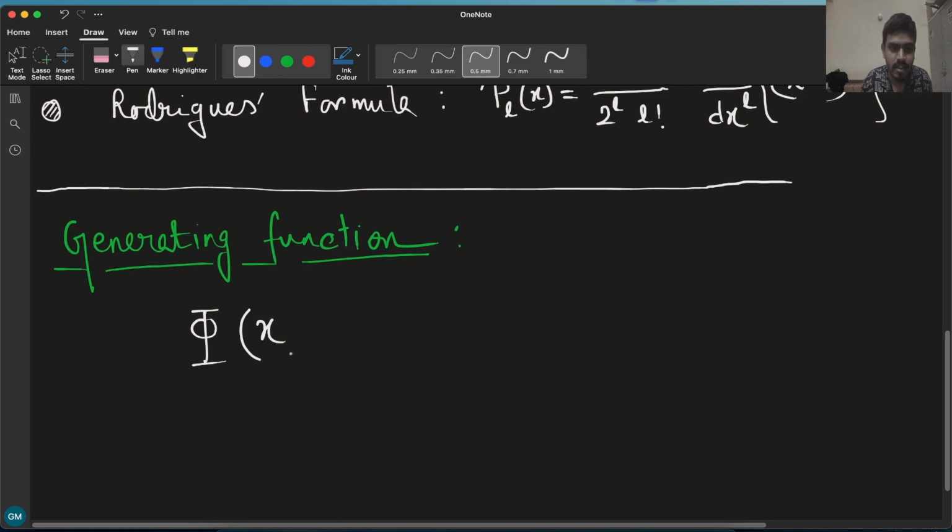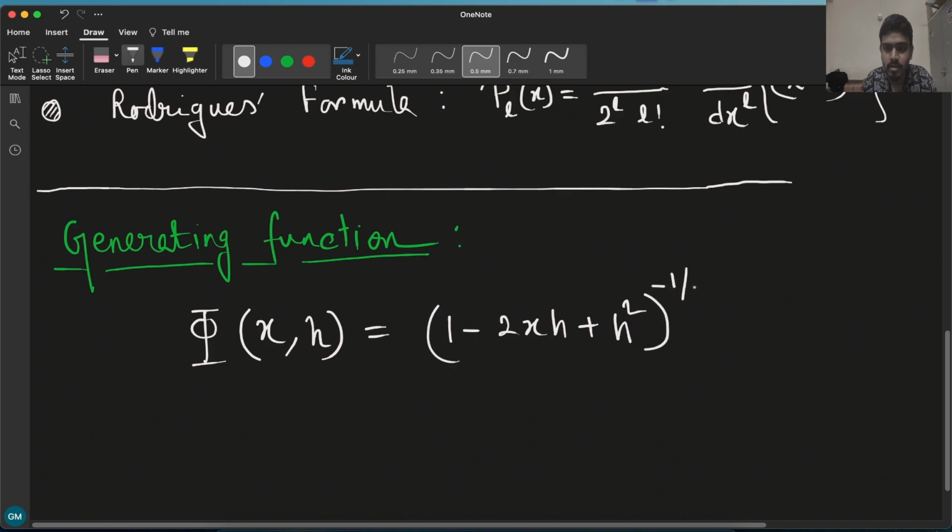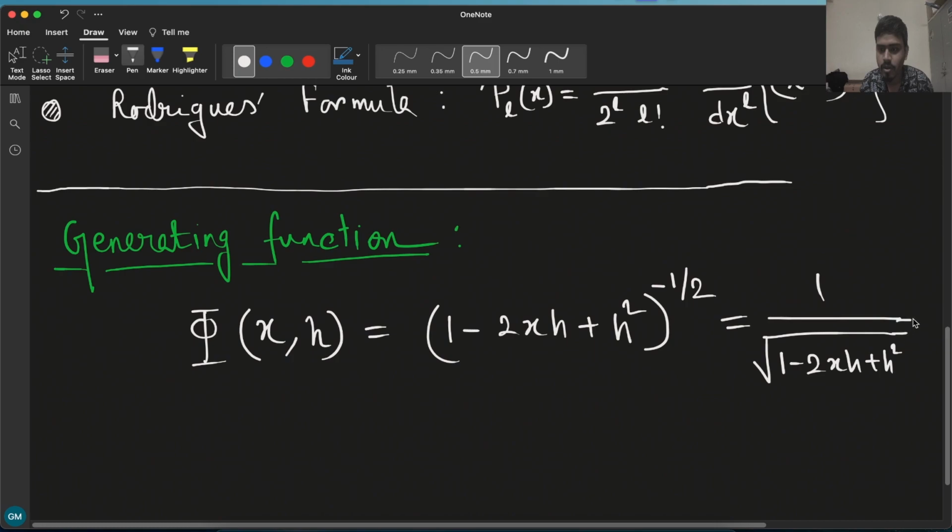It has variables x and h, and it is defined as (1 minus 2xh plus h squared) to the power minus half, which is nothing but 1 by the square root of (1 minus 2xh plus h squared). This function is called the generating function of Legendre polynomial.